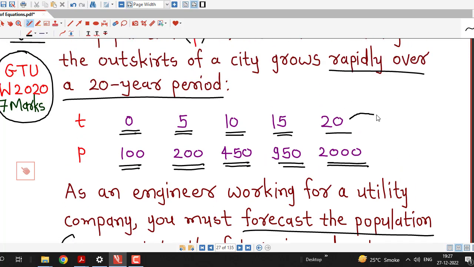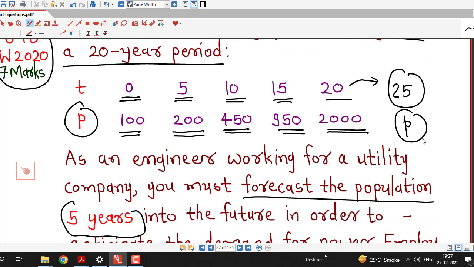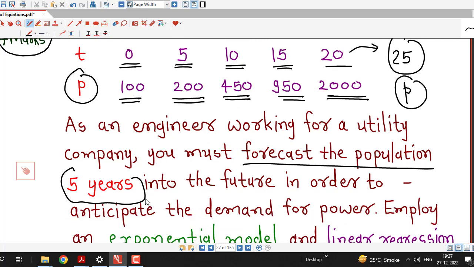So if we add 5 to this last period, we have 25 years. So if we can find out population corresponding to the value t equal to 25, then we can say that we have forecasted the population 5 years into the future.